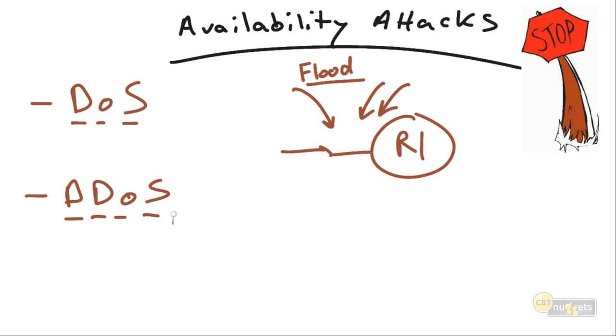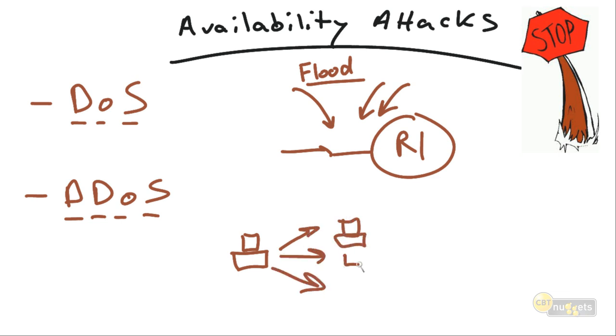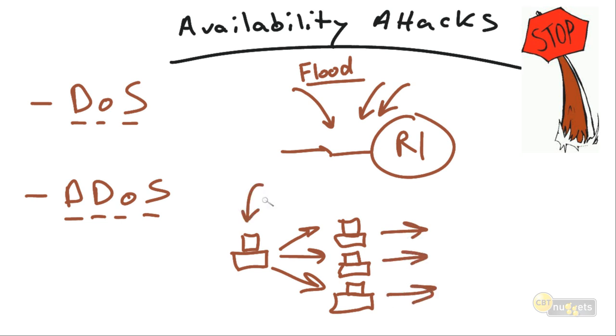With distributed denial of service attacks, what the attacker does is they launch an attack that takes over machines. Okay, these machines become what we call zombies, and they'll go ahead and carry out the attack on behalf of the original attacker.